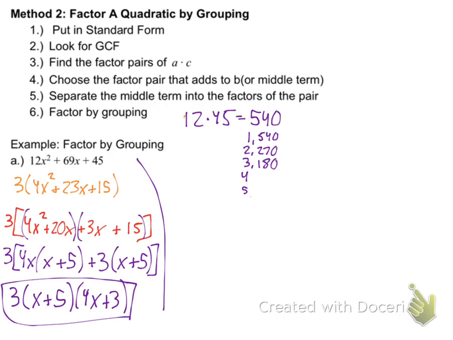Isn't 2 and 270, if I move a factor of 2 to the other side, what's 270 divided by 2? 135. 5, 108. 6, 90. 6 times 90. 7, I don't know. 8.